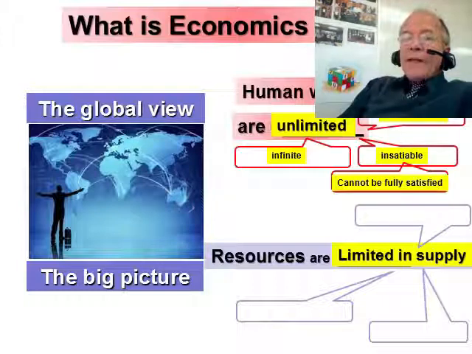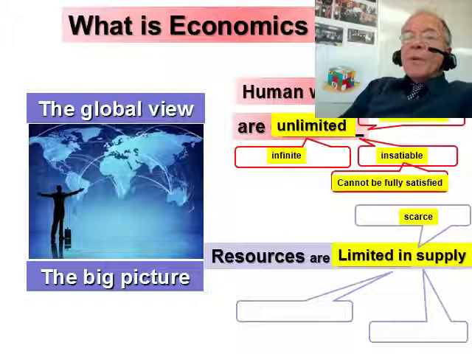On the other hand, resources that make the goods and services that satisfy our wants and desires are limited in supply. And by limited, I mean they're scarce relative to our wants. Scarce. Note the pronunciation, the C at the end. It's not scare, it's scarce.